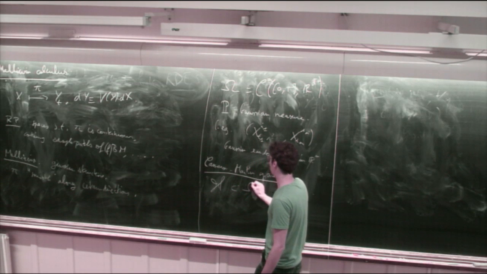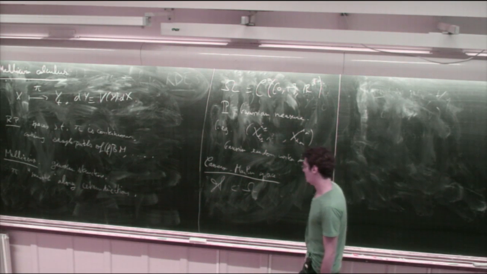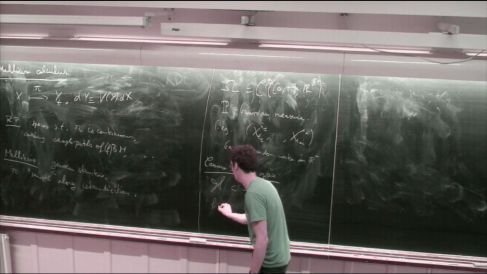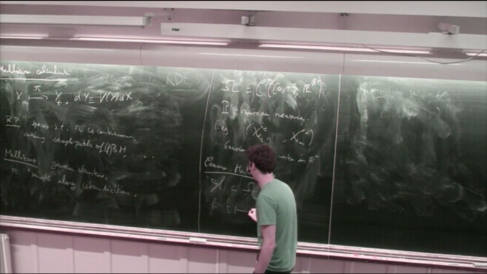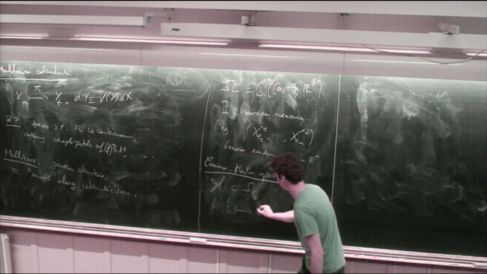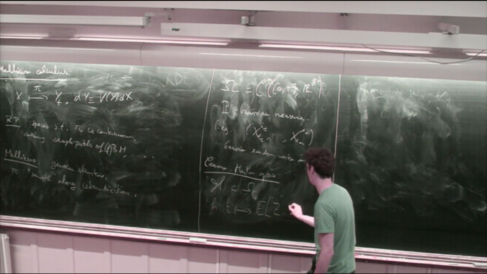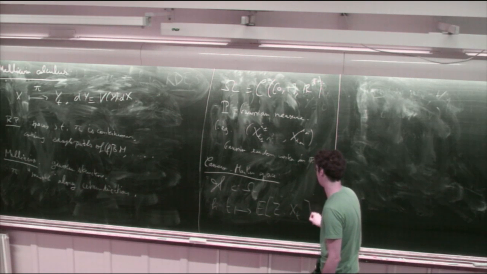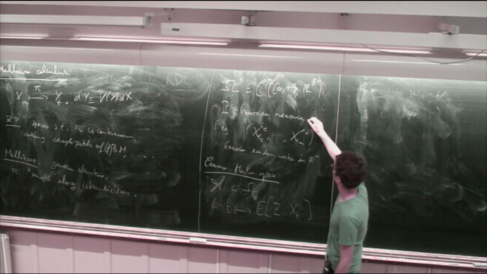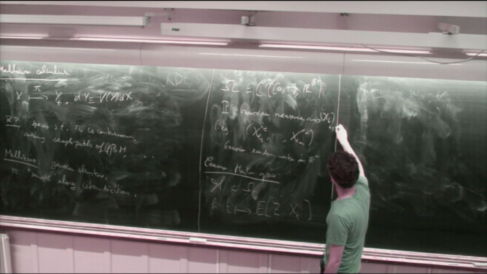It's a subspace of our continuous functions here, and it's given by the functions small h. For each time, we have the expectation of some random variable Z times our vector X_t, where X_t is given by our random measure.